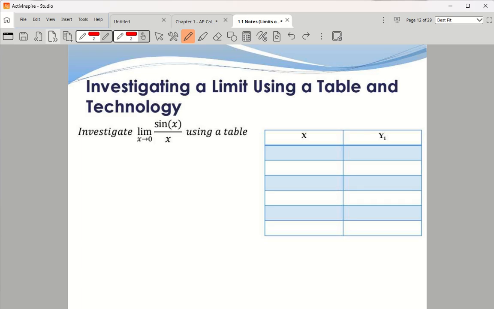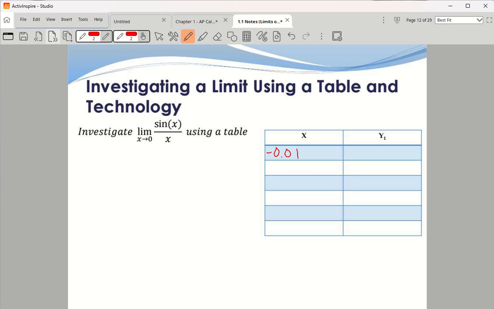Right here. So if I'm getting closer and closer to 0 on this one, okay, so the table going the other direction. So let's go negative 0.01.